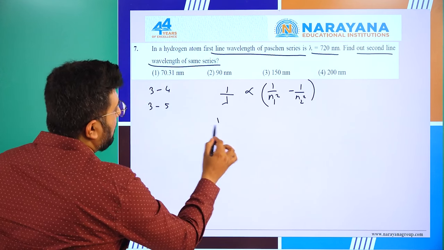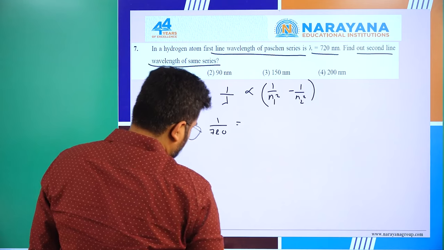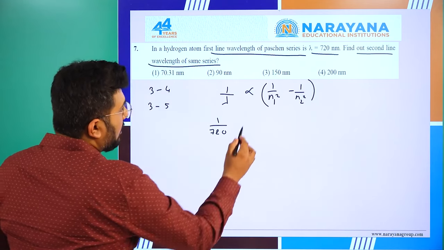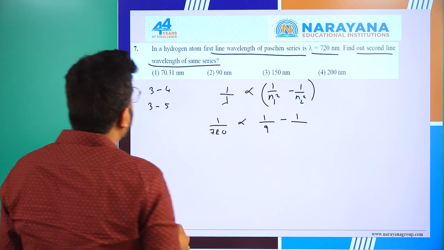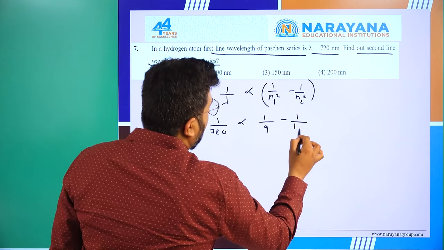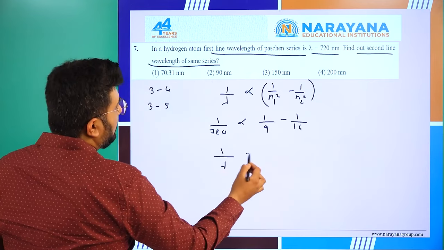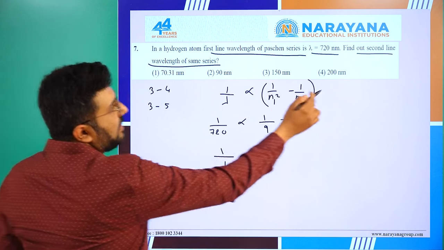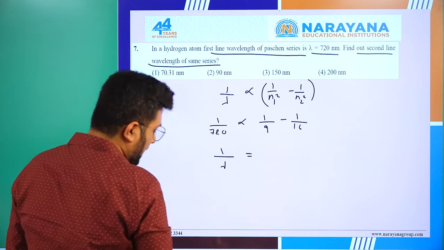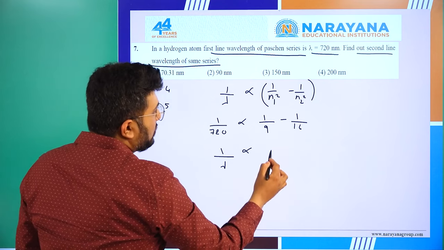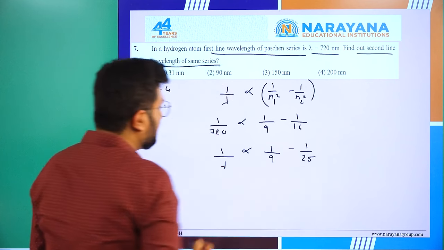So I'll just write 1 by 720 is proportional to 1 by 9 minus 1 by 16. Similarly, 1 by lambda, which I need to find out for the second line, will be from 3 to 5. So it will be proportional to 1 by 9 minus 1 by 25.